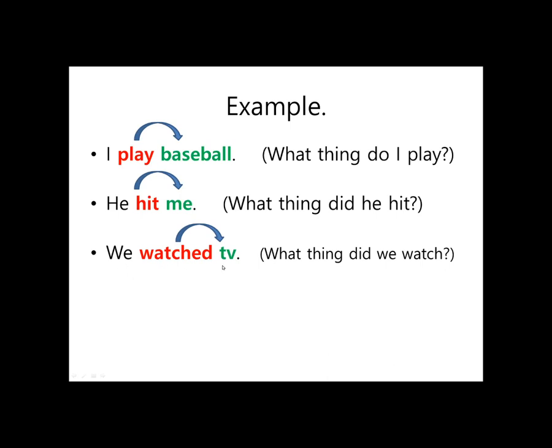This is the transitive verb, and this is the object, what the verb acted on, TV. What thing did we watch? We watched TV. Remember, if it's green today, it will be the noun, and these are object nouns, so they're being acted on by an action, a verb.